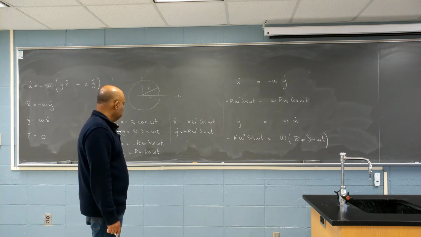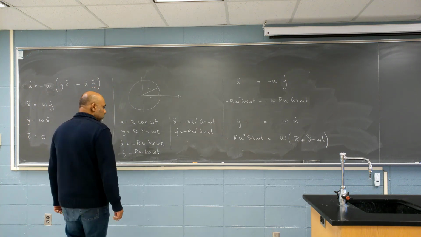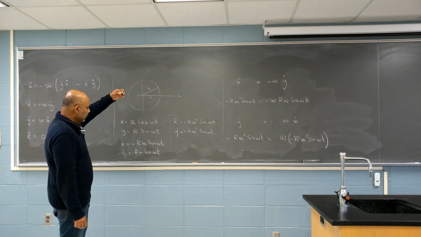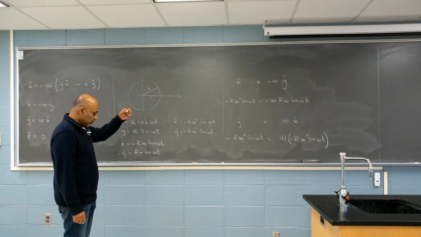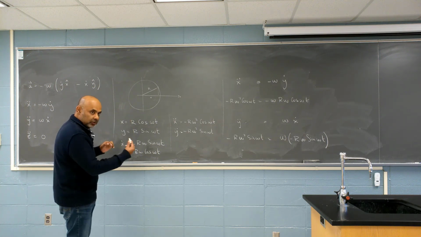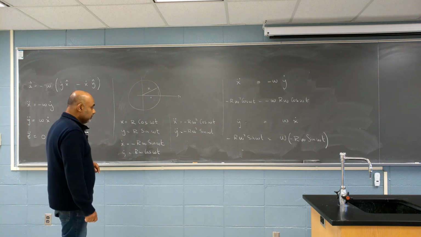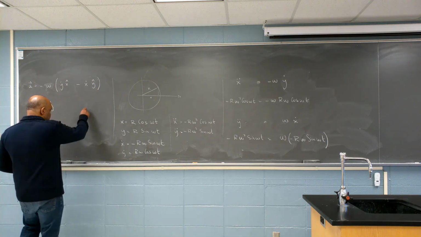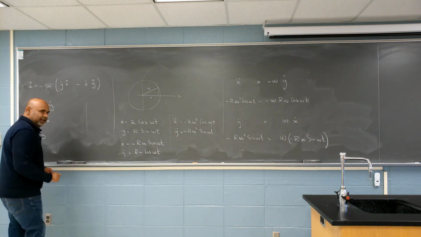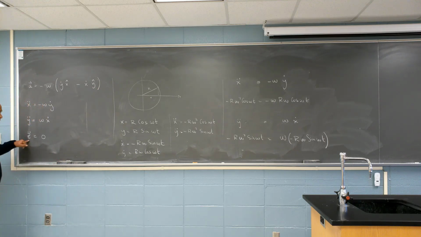Okay? So what happens is, if you have a magnetic field pointing downward, this charge is going to go in a circular path. Now, we can easily expand on this. These are called coupled equations, right? What happens in x depends on y. What happens in y depends on x. But look at z.